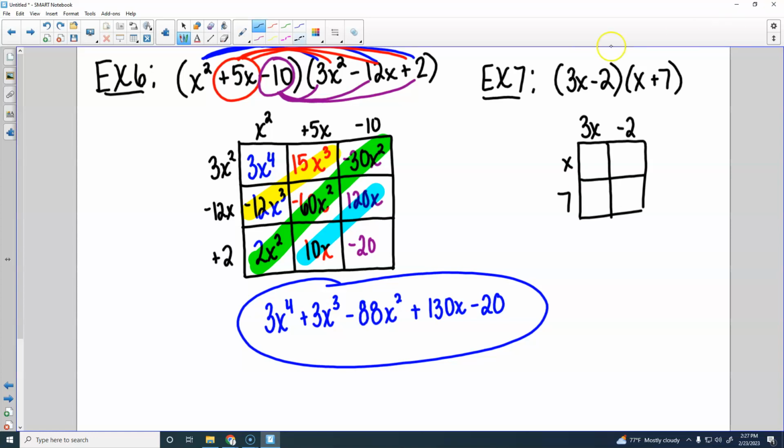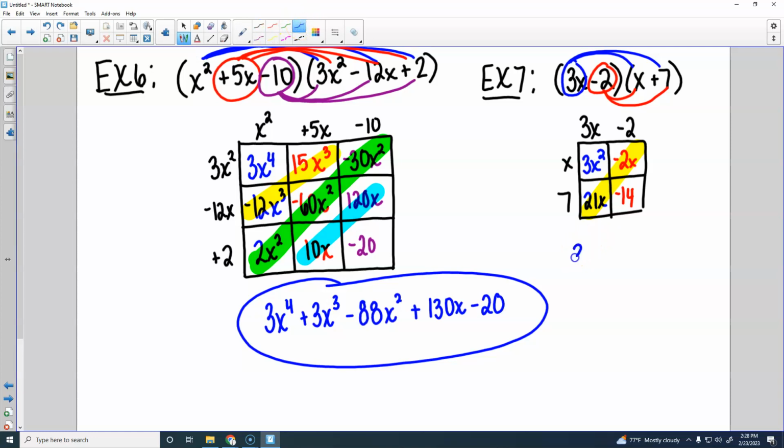So if you use the box, again here, it's doing the same thing. You're taking 3x, you're distributing it. 3x times x gives us 3x squared, right? Then you do 3x times 7. Well, 3x times 7 will give you 21x. Then you would take the negative 2, you would distribute it, so you get negative 2x, and then you would distribute here, and you would get negative 14. So you would get the same numbers, whether you use the box or not. And then the numbers right here can combine.